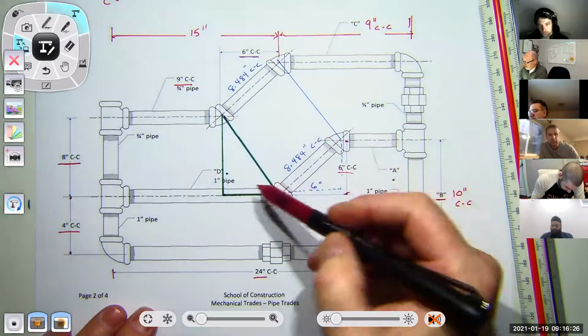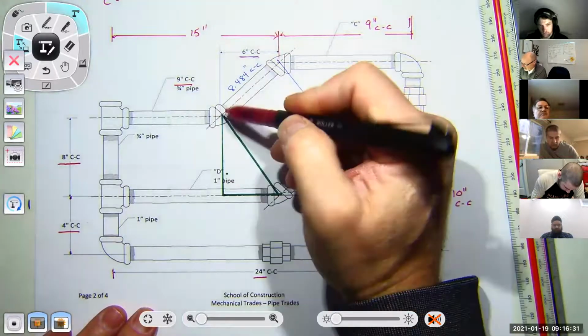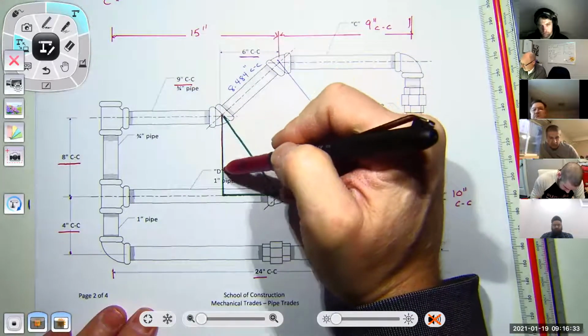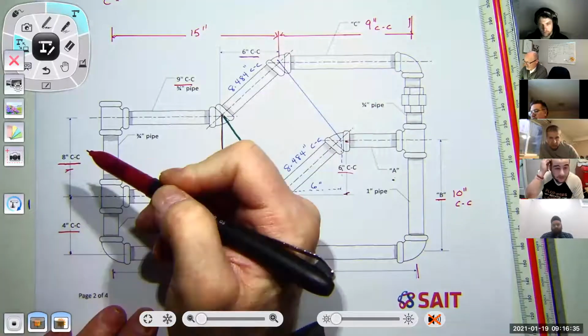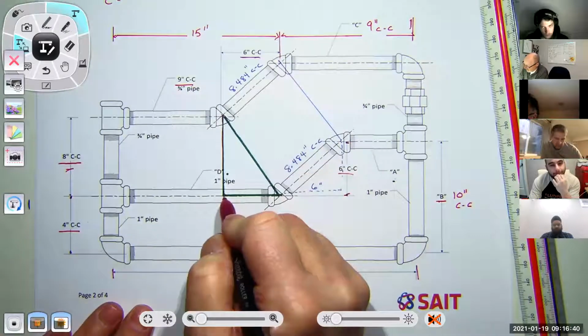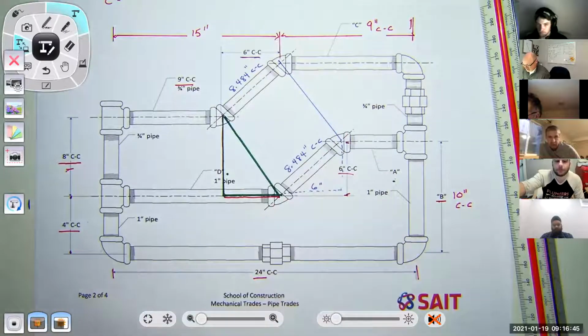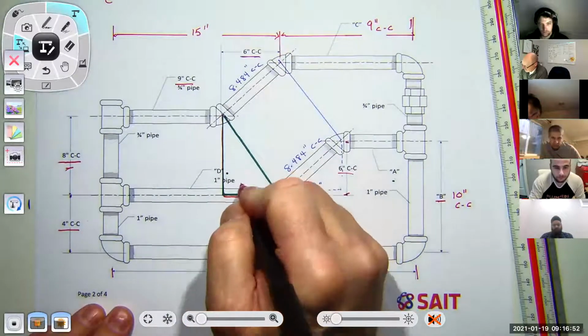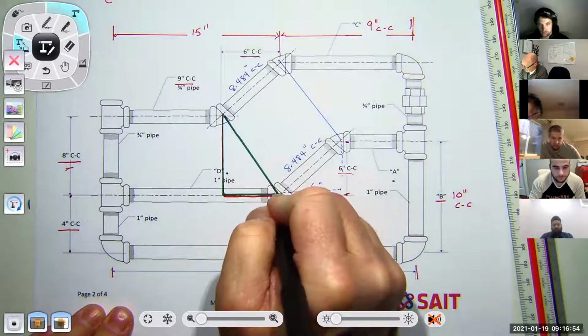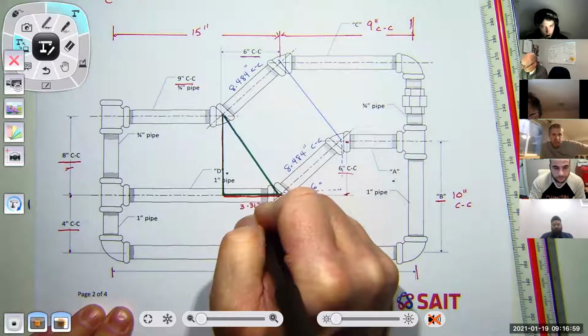As you can see here, see my run measurement right here, this line right here is my run of 8 inches. So to find this rise on the bottom here, we take 8 inches and times it by 0.414, which makes this rise right here 3.312.